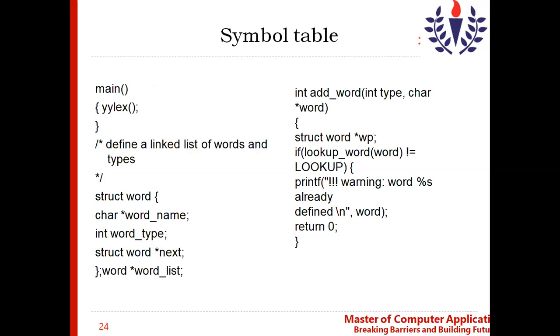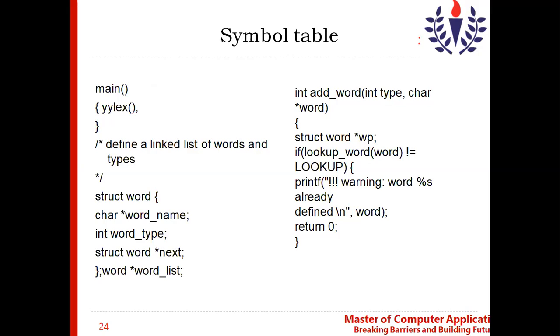Now when you are trying to add a word, we pass two parameters. One is the type of the word and the other is the word, which is an array of characters. Now struct word wp, where wp is a pointer variable denoting the linked list. Now, if lookup word of word is not equal to lookup, so we search for the value returned from lookup word.